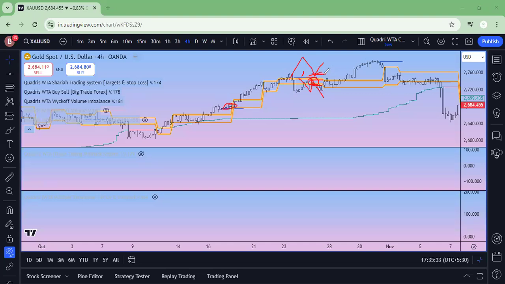So either way, stop loss differs depending upon the account size and your money management skills. So that is subjective from person to person. So this is how you have to use it.